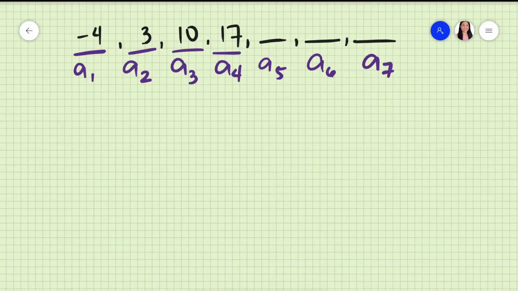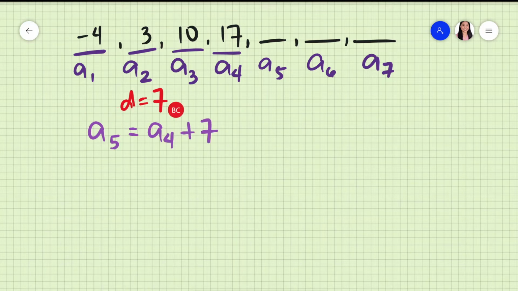Since the common difference is 7, the next 3 terms can be obtained by adding 7 to the preceding term. Now, let us try to find the value of the 5th term, or a sub 5. A sub 5 is equal to a sub 4, which is the preceding term, plus the common difference, which is 7.